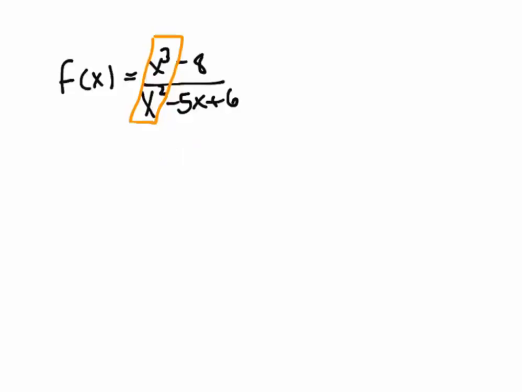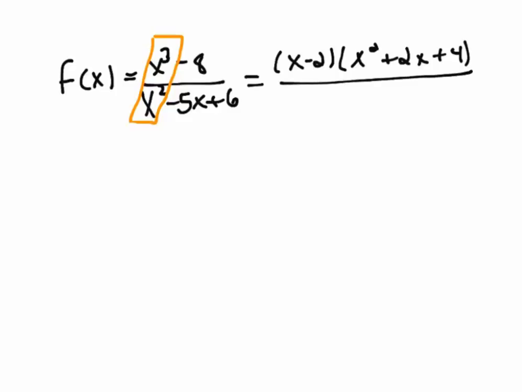The best way to find that would be to factor the top. The top is a difference of cubes, so you have to think back to your intermediate algebra class and remember the formula for that: x minus 2 times x squared plus 2x plus 4. And then the bottom is just a trinomial.